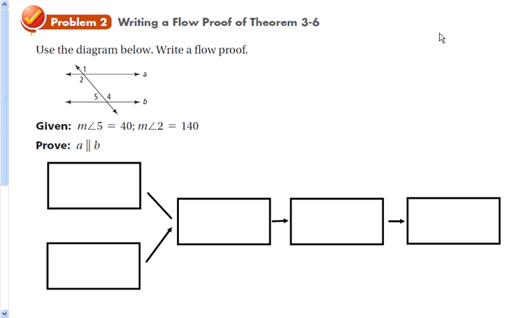That's the direction we're going to go here. We'll start by writing down our given. So the measure of angle 5 is equal to 40.